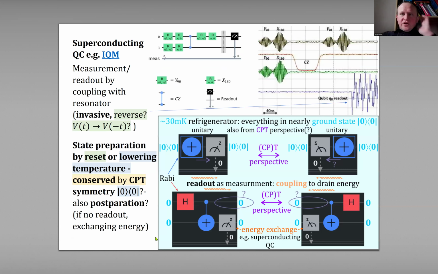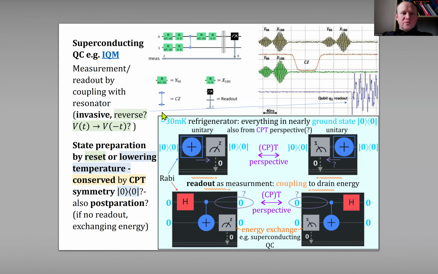I have mentioned silicon quantum dots, one approach. Another approach: in many approaches we use very low temperature for state preparation. If the temperature is 30 millikelvin or lower for superconducting quantum computers, then we can assume that nearly all qubits are in the ground state because of the Boltzmann distribution.